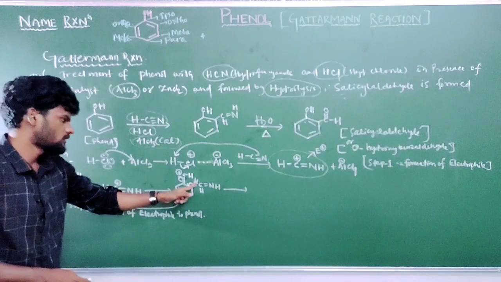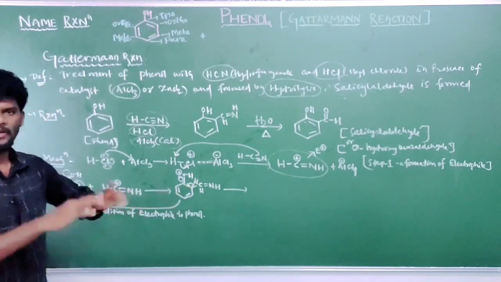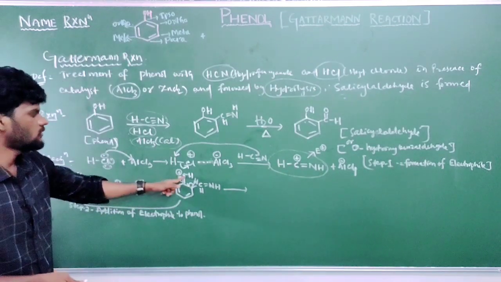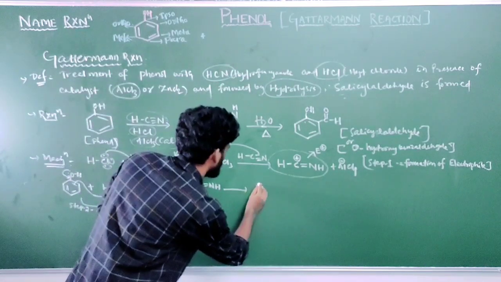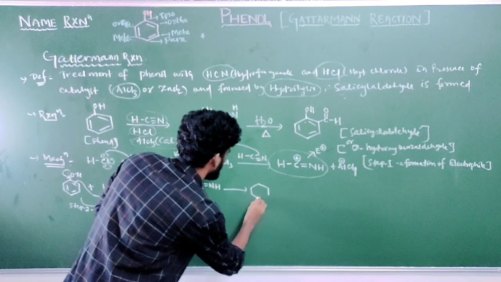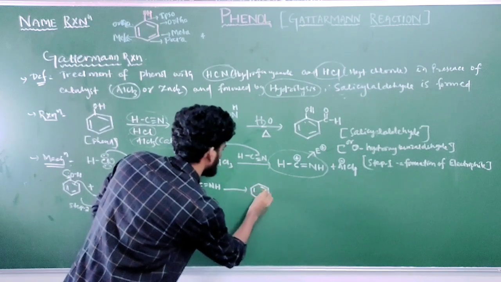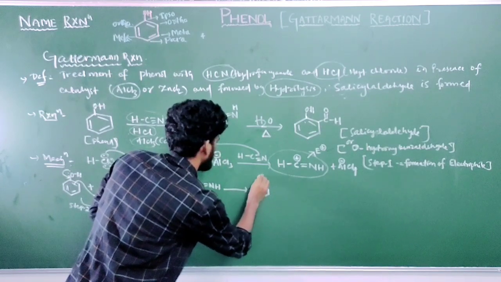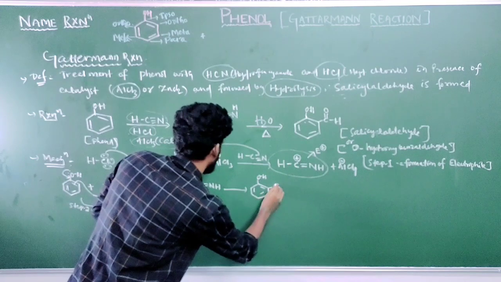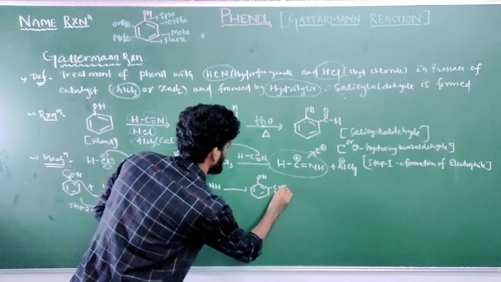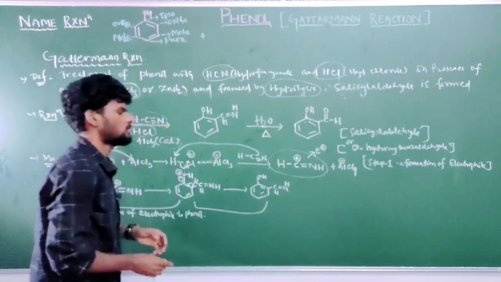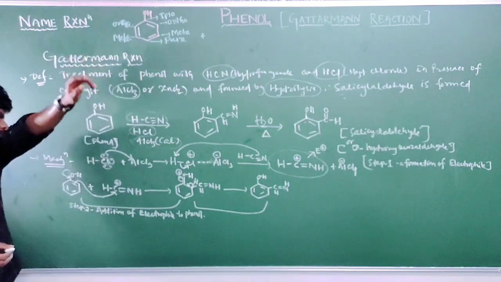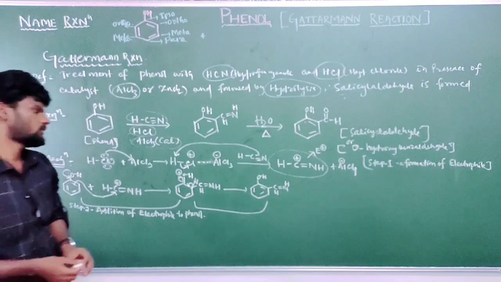If the CH bond moves over to the ring, it forms aromaticity again, and when this bond moves over to oxygen, it neutralizes the oxygen. So we get CH double bond NH. From here to here, this step is the loss of proton to restore aromaticity.